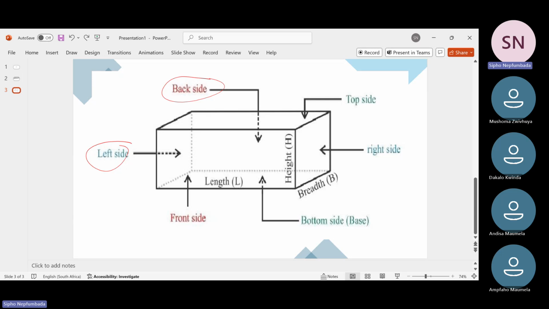So what will happen if we unfold the box? What will happen if we unfold the box? There are going to be 6 sides if we unfold the box.